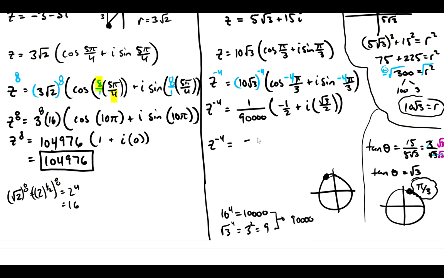So we would have -1 over 180,000, and then plus, still distributing, i radical 3 over 180,000. That is the answer this time.